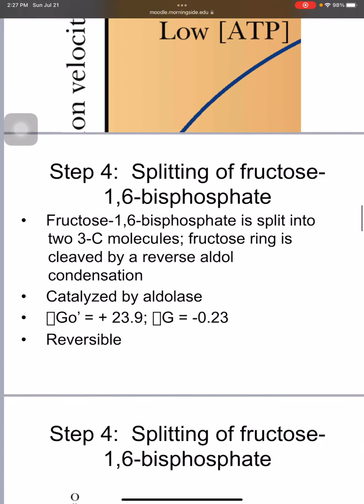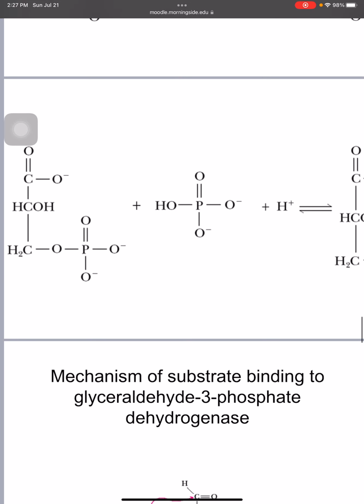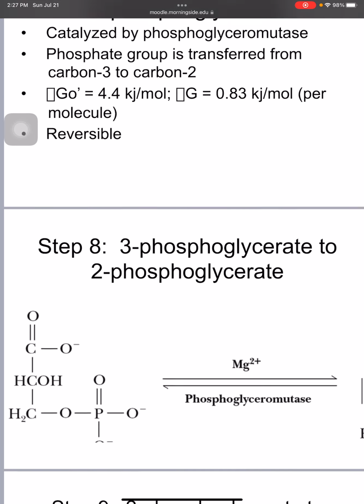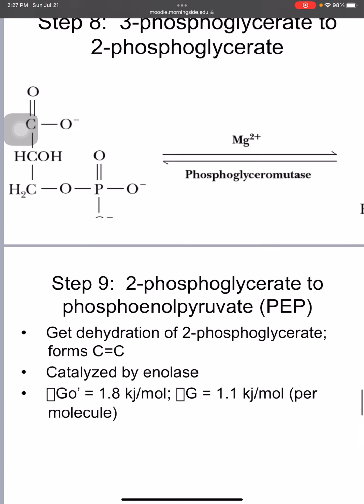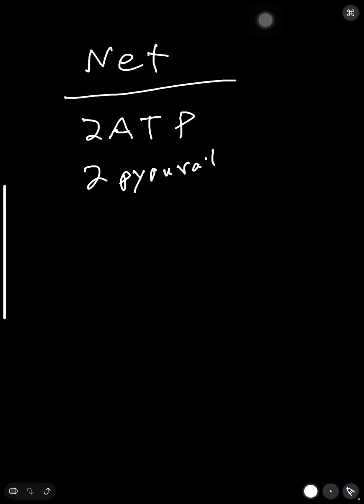So overall net is 2 ATP. I'll summarize this here. Net results of glycolysis: 2 ATP, 2 pyruvates, and come on, there we go.